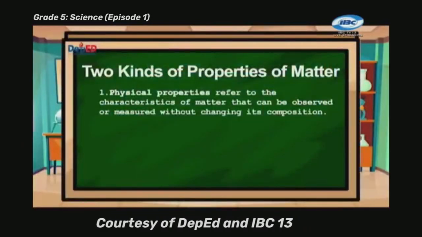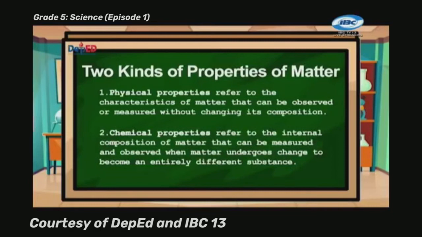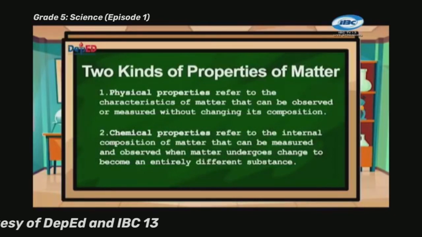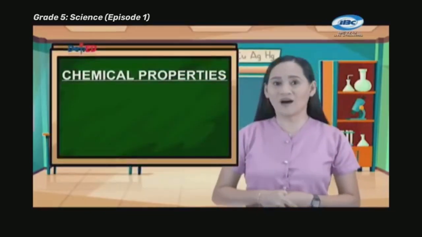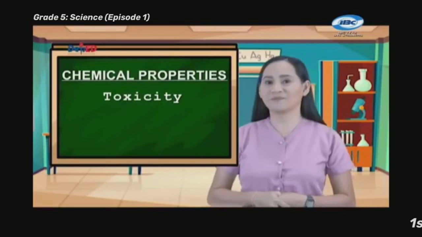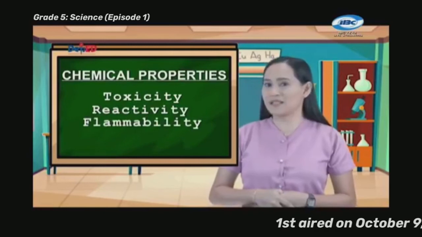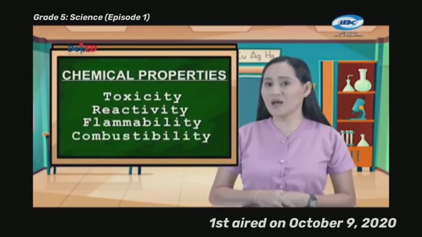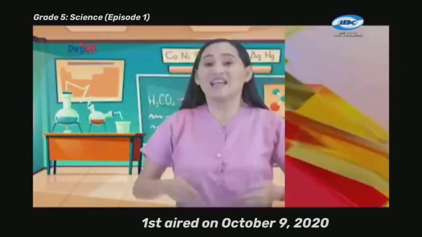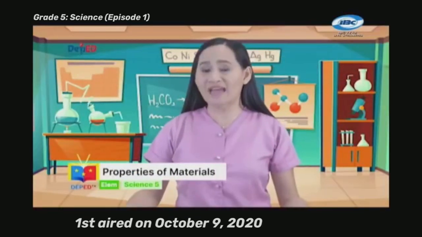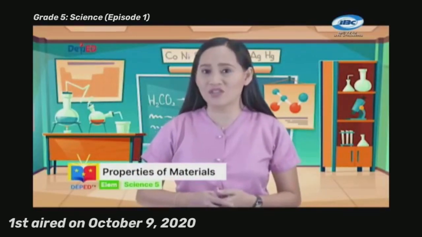The second one is the chemical properties that refer to the internal composition of matter that can be measured and observed when matter undergoes change to become an entirely different substance. Some examples are toxicity, reactivity, flammability, and combustibility. Did you get it? More of that as we continue with our discussion.